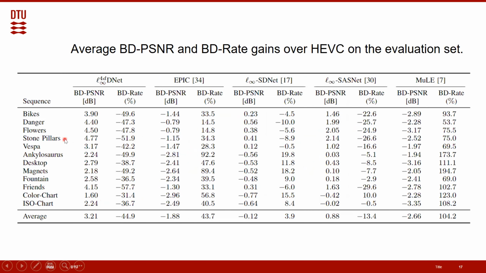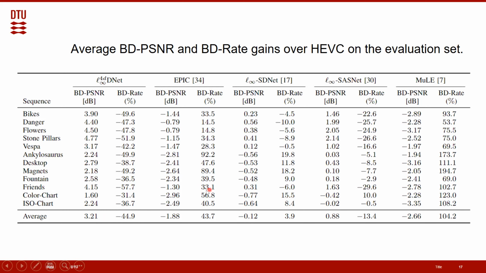We also did this on an evaluation set, and we can see by Bjontegaard differences that we get a 3 dB improvement in PSNR, or almost 45% reduction in Bjontegaard rates.